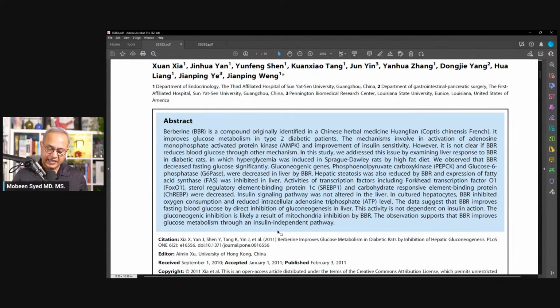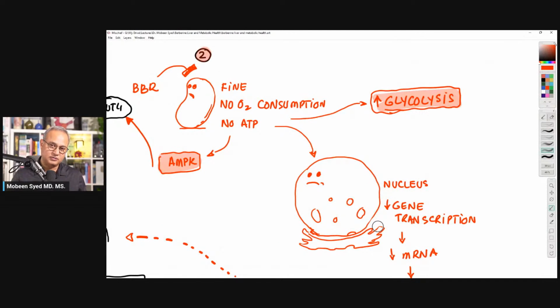So this is an insulin independent pathway. This is a gem of our discussion today because many berberine presentations, or presenting teachers, do not talk about the insulin independent mechanisms. They talk about more insulin production or more expression of the insulin receptors, but they don't talk about what happens inside the cell. So this is a gem today.